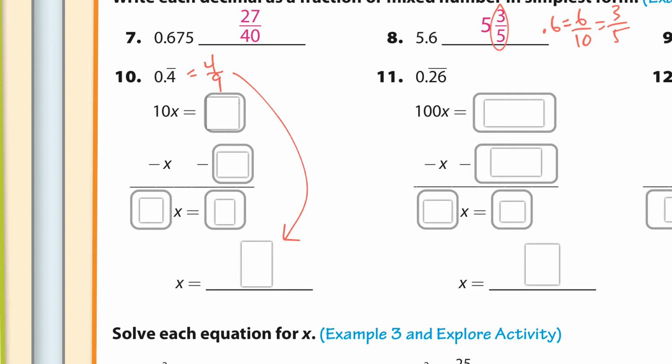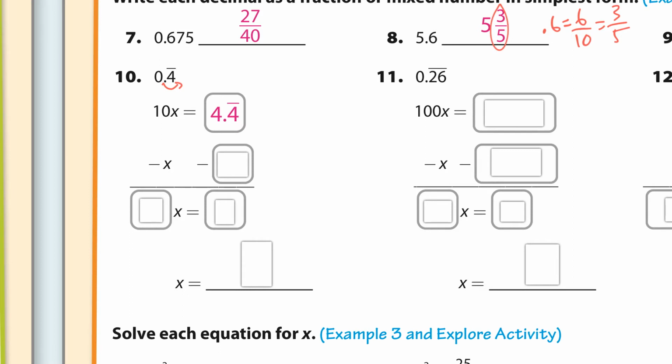And what they're doing is they're saying, well, if x is equal to 0.4 repeating, then 10x would be 4.4 repeating, because when you multiply this side by 10, it moves the decimal over 1. Kind of a weird idea.